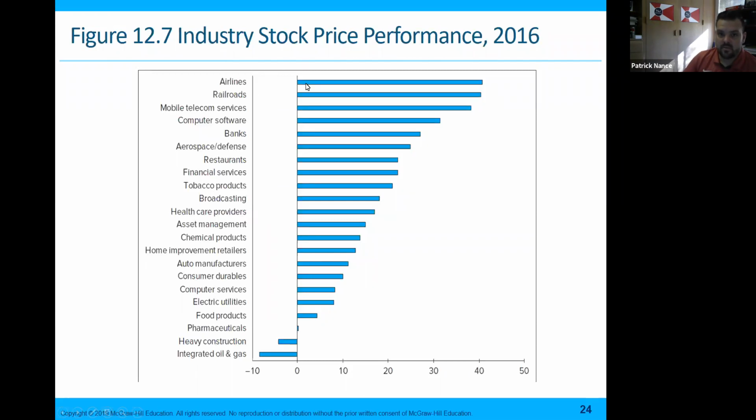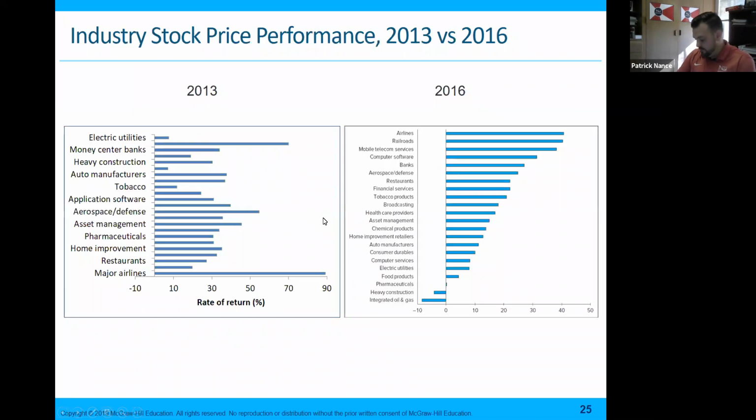Industry stock performance in 2016, you can see aerospace is still up here. But then you can see heavy construction, oil and gas, pharmaceuticals, food products did not do so well. So this is the industry stock performance from 2013 versus 2016.